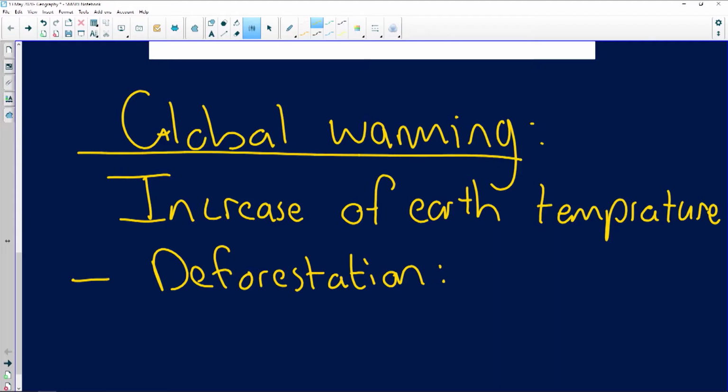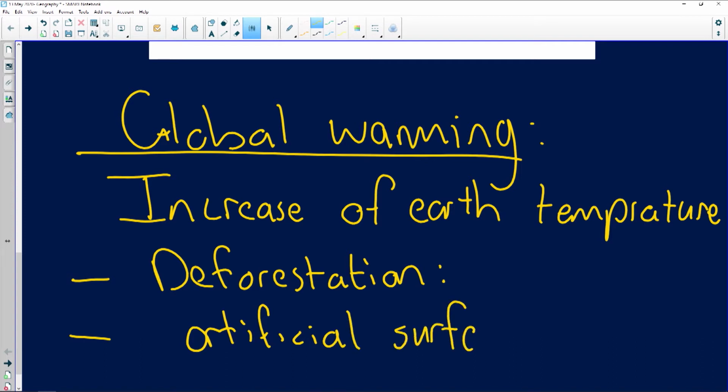When we remove the plants, there's less oxygen in the air. And what do plants do? They remove carbon dioxide from the air. The increase of temperatures, that's global warming, is because of deforestation and because of artificial surfaces such as tar road surfaces and buildings. So what do these do? They actually absorb the heat, creating warmer conditions.